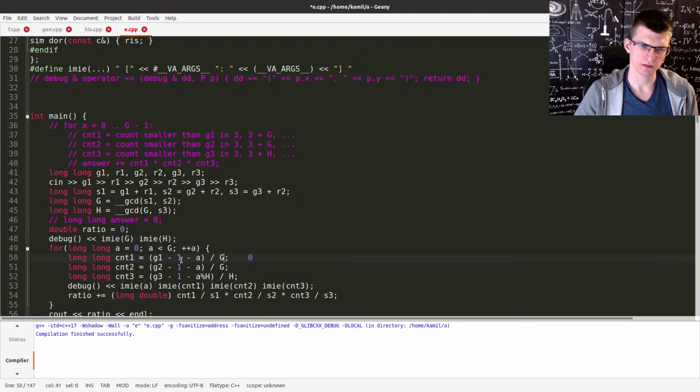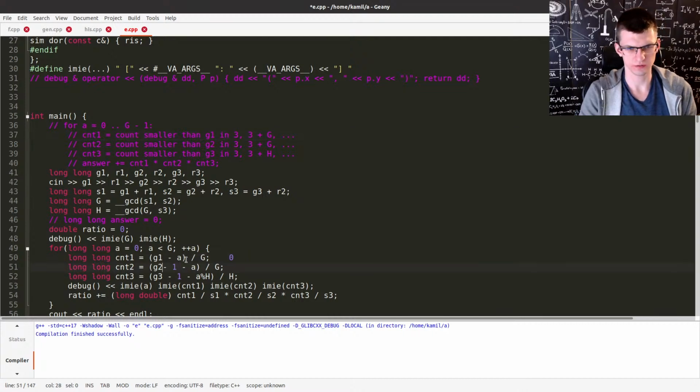G1 minus A. Let's look at this again. For a 3, I want to have values smaller than 3, so 0. Oh, but this is already 0. If G1 is exactly equal to A, then this is 0.